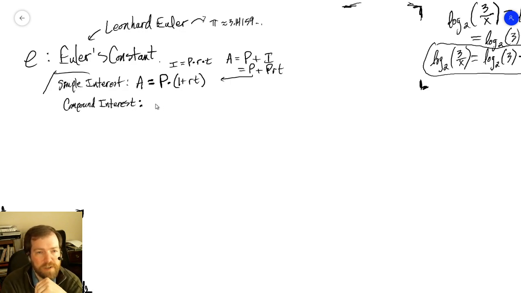Compound interest says, okay, not only are you going to be charged interest just on the initial amount by the rate and by the amount of time you had, you're going to be charged interest on the interest next time. So every time we calculate the interest on a certain compounding period, it's going to keep updating how much you owe, or potentially, in the case of bank accounts, how much you have in your bank account.